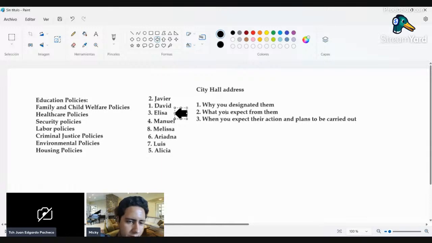The fourth one is Manuel. He's in charge of security policies. I know that with Manuel and Ariadna, they're going to do great work. I know all the capacities, all the skills that you have, I know all your experience in this field. So that's why Manuel is in charge of security policies and Ariadna is in charge of criminal justice policies. I have a lot of expectations.